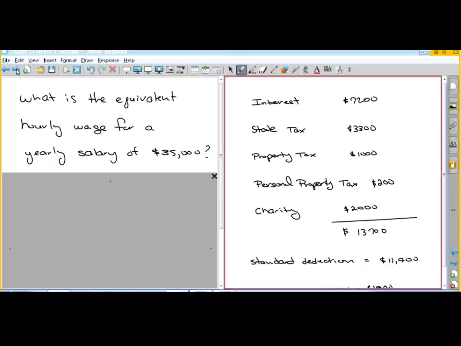Then you have personal property tax, which is on your car and other stuff. That's not as big as it used to be. And then you can deduct medical expenses, but typically you have to be pretty sick to claim enough to actually deduct them. There's some percentage minimum, and you can claim above that minimum, but the minimum's a lot of money.